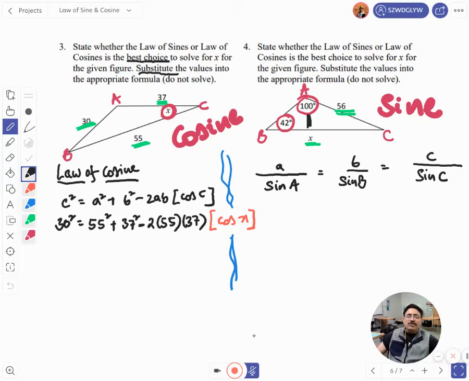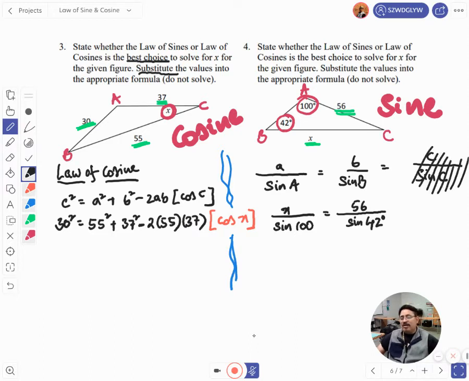The side opposite to angle A is small a, therefore x over sine 100 degrees, the value of the angle. Then b, the side opposite to angle B, is 56 over sine 42. You are expected to take only two fractions, not all three.